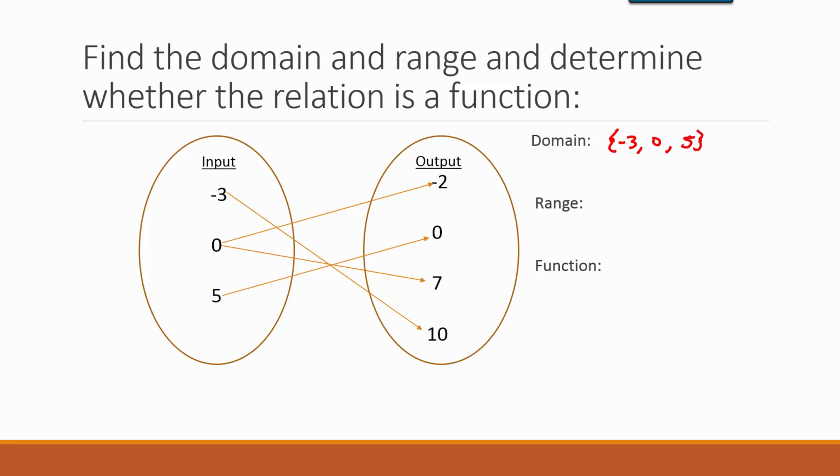When I put in 0, I get out -2 and 7. And when I put in 5, I get out 0. So my range or my output is -2, 0, 7, and 10. So I can clearly see that 0 is paired with 2 different y elements or 2 different outputs. Therefore, this is not a function.